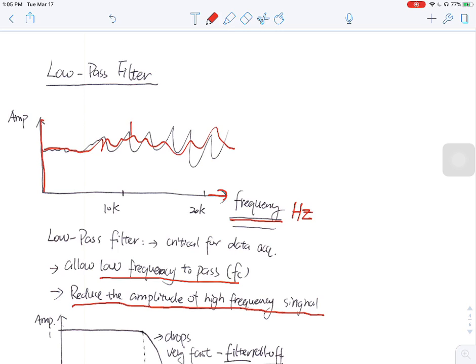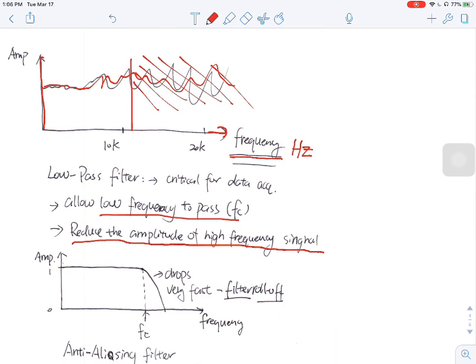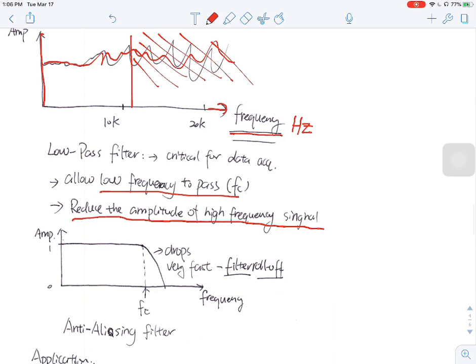It cuts the high frequency signals, only leaving the low frequency signals for your data conversion purpose. What it does is adjust the amplitude of the signal, here from 0 to 1, 1 being 100% of the amplitude.